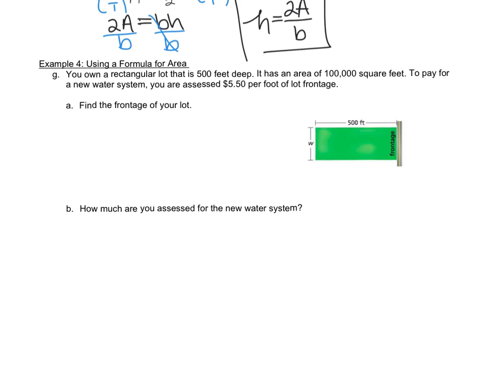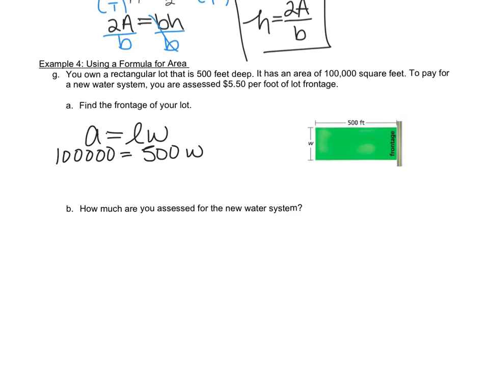So if you know that the area of a rectangle is equal to length times width, let's plug in what we know. We know that the area is 100,000 square feet. The length is going to be 500 feet, and we don't know the width. And the width is actually the frontage amount as well.